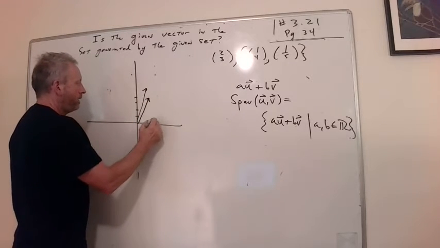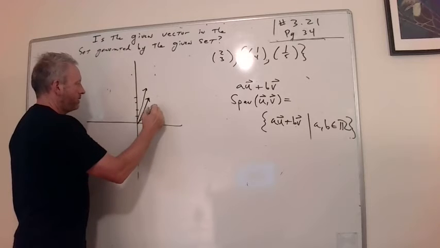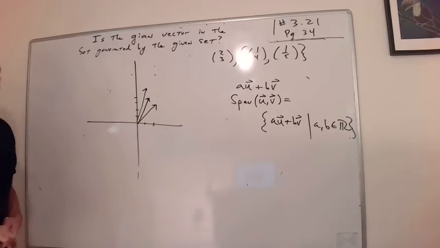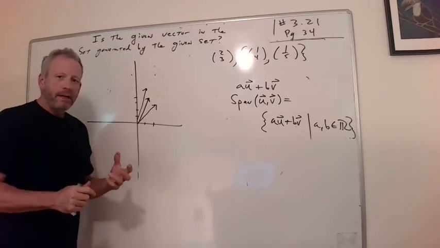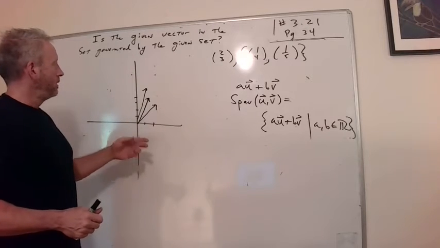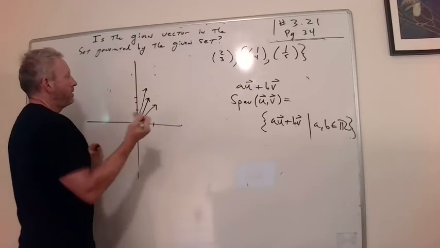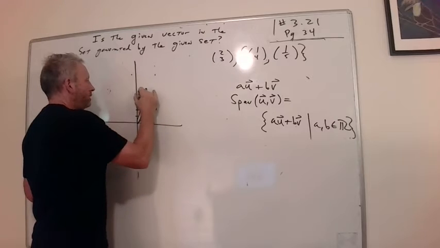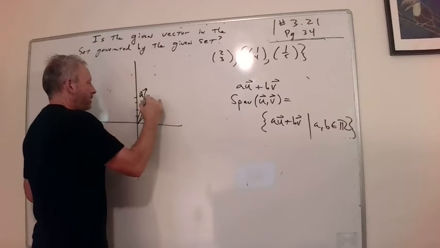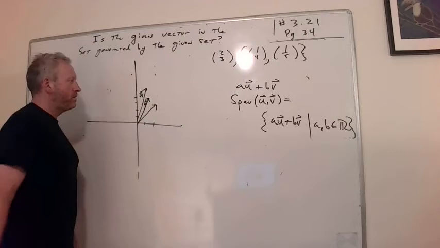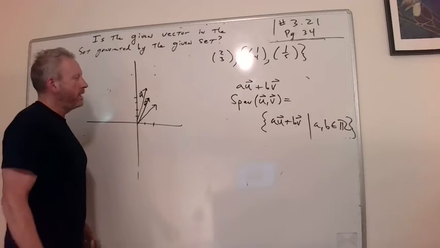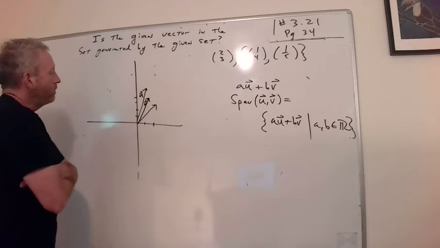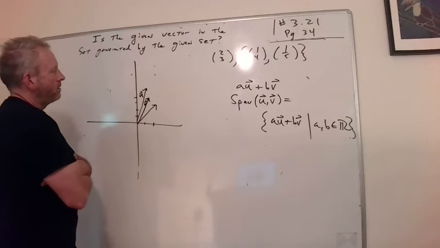So (2, 3) is up here like this. By applying the right scalars to these two vectors, I should label this here. How about this? Okay, u and v, and this is the vector in question. Can you apply the right scalars? Now, the way I've drawn that, I don't know whether it's obvious or not.